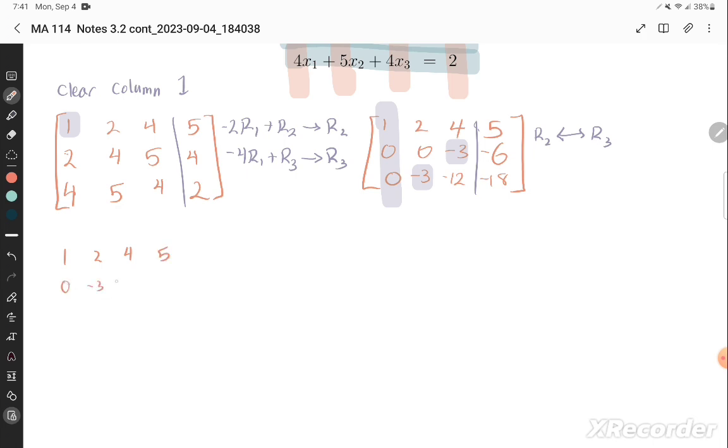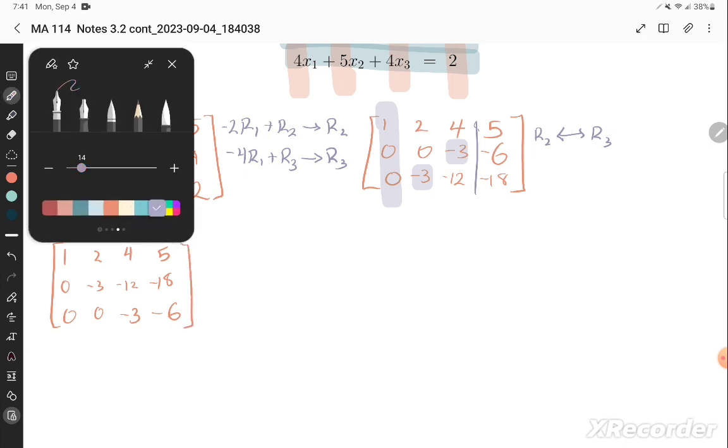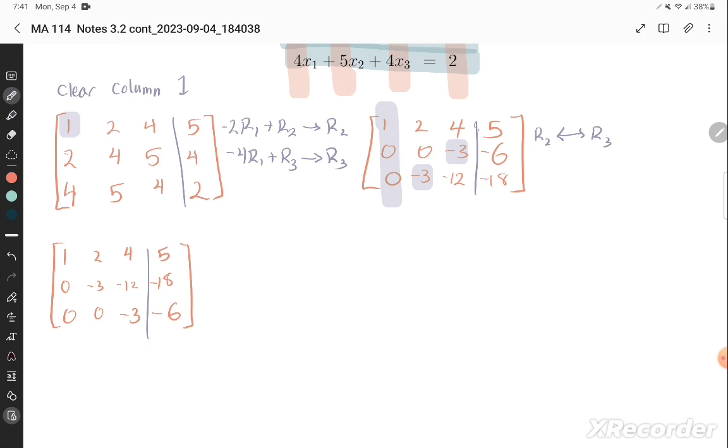0, -3, -12, -18, and then 0, 0, -3, -6. All right. That's good. Now we do have our leading entries that are down and to the right of each other. So now our goal is to clear, well, first we need to get a leading entry of 1.